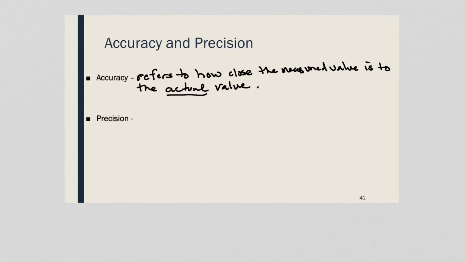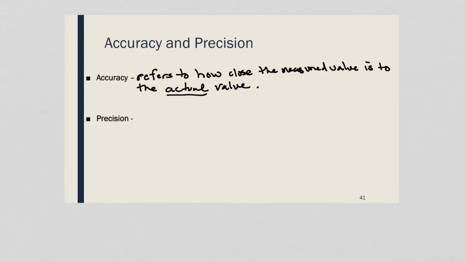So in order to know if we're accurate, of course, we have to actually know what the true value is. And then we can judge how close our measured value is to our actual value. So an individual measurement can be either accurate or not accurate, depending on how close it is. Now, oftentimes to improve the accuracy, we'll repeat a measurement and we'll look at how accurate the average value is.